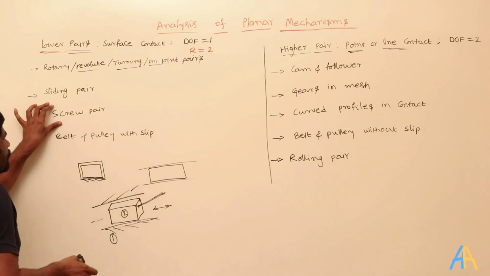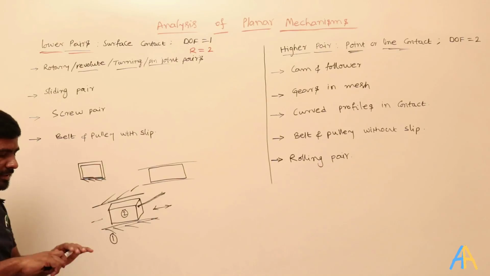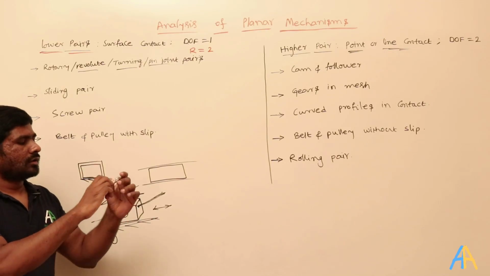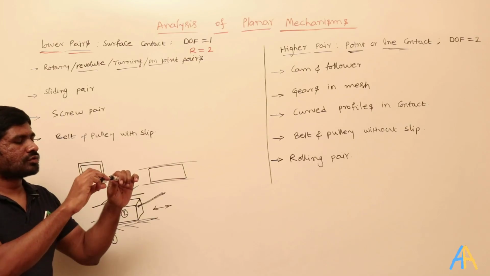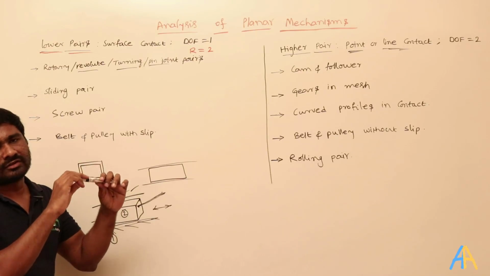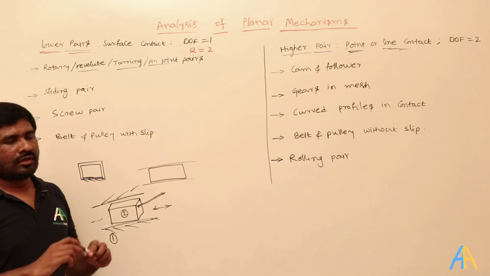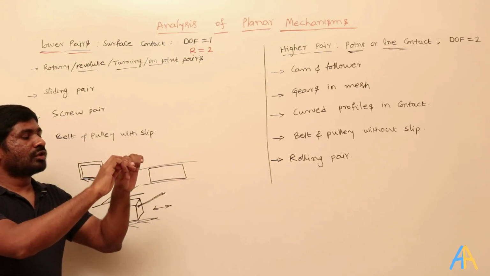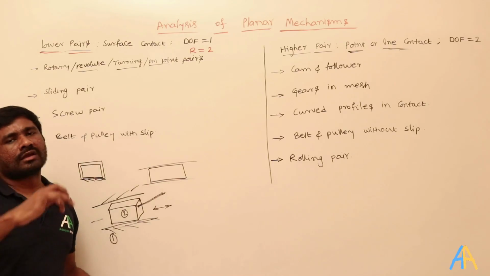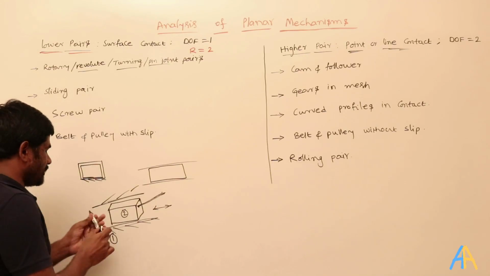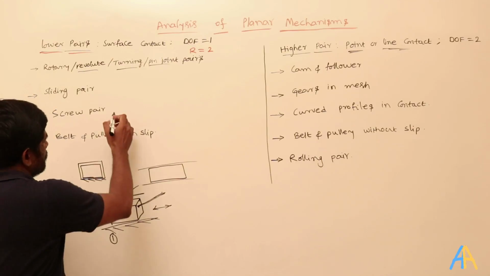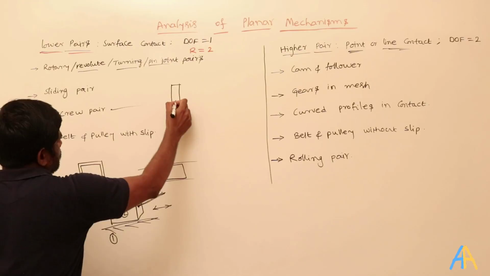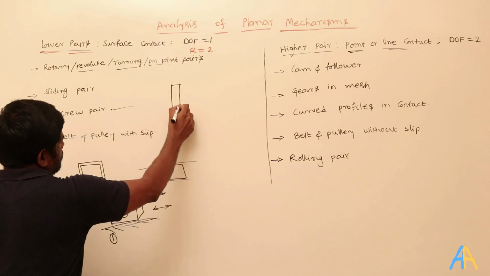And in the same way, screw pair. Screw pair means, the best example is we can take the marker. Here on the marker there is no screw, but imagine that there is a screw. Otherwise, you take any water bottle. So what happened? When I am turning this, it is rotating, as well as moving along the axis in the screw.